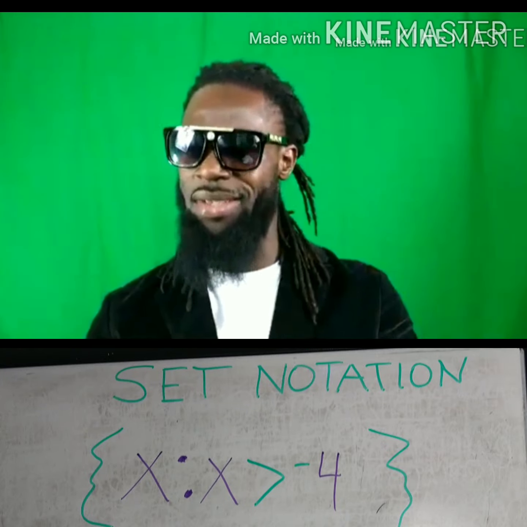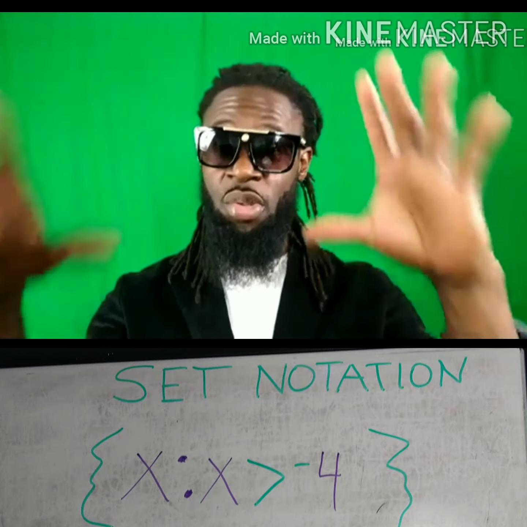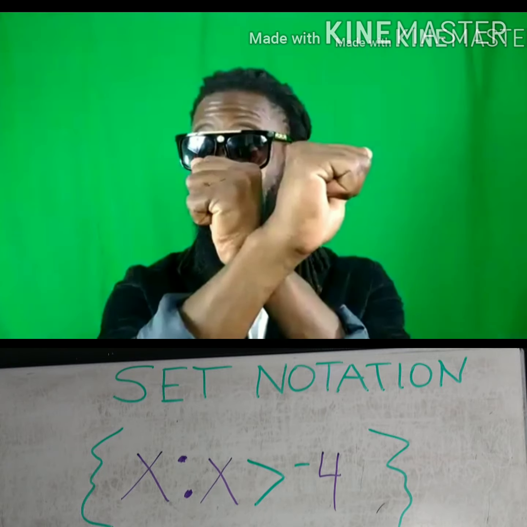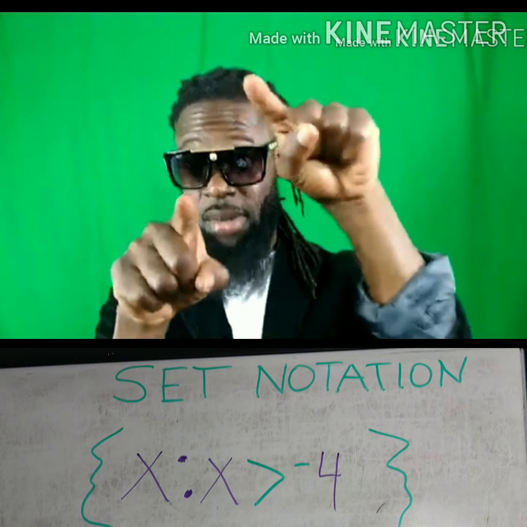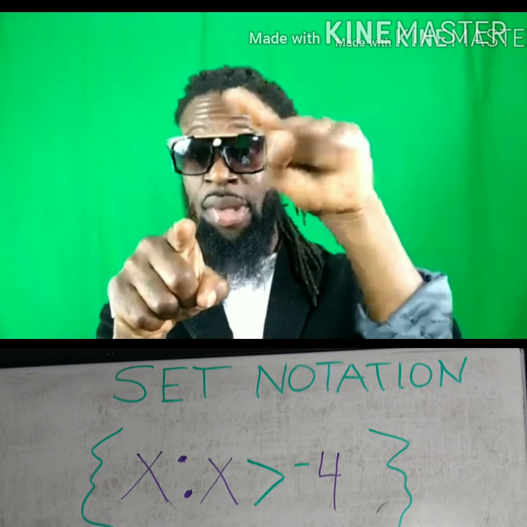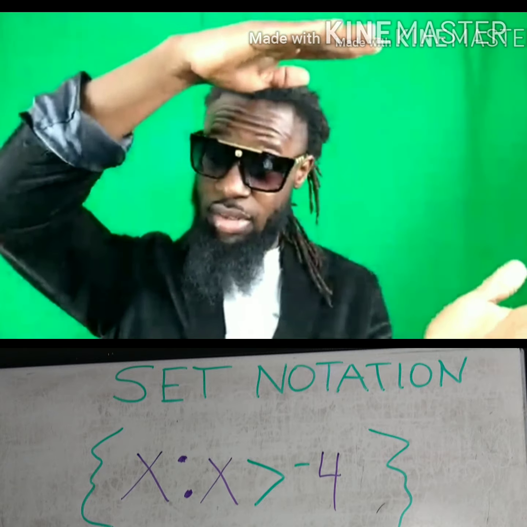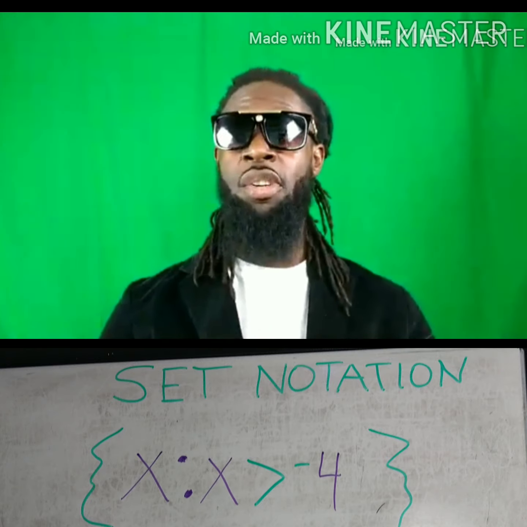Oh, we forgot the set notation. Don't forget to do the set notation. They don't ask for it all the time, but just in case they do, you put the little brackets, you put your x, you put the colon, and then x is greater than negative 4.